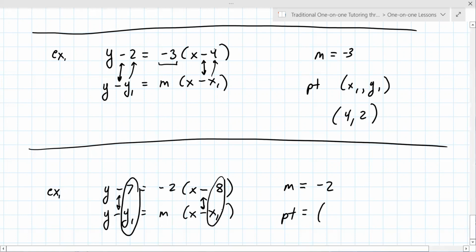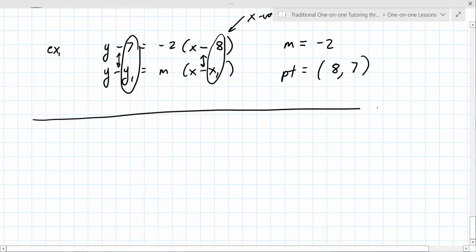What is the x value? The x value is 8. Okay, and what is the y value? The y value is 7. Perfect.